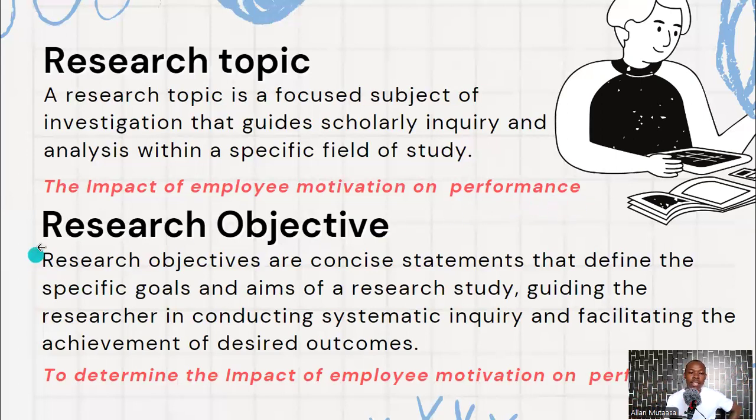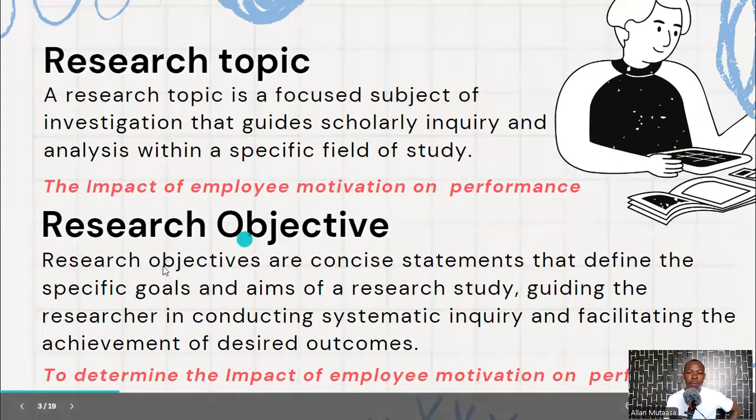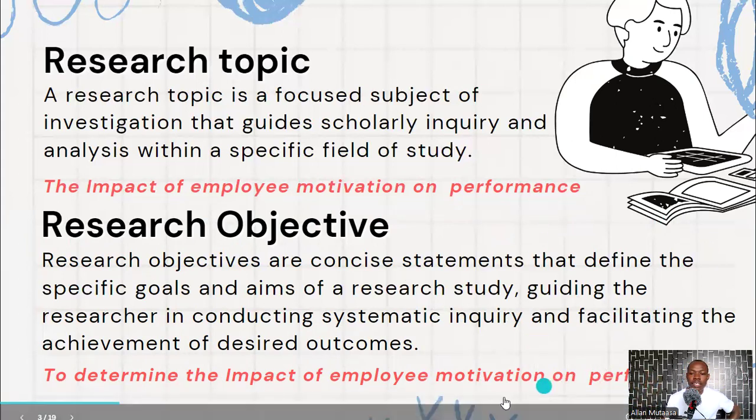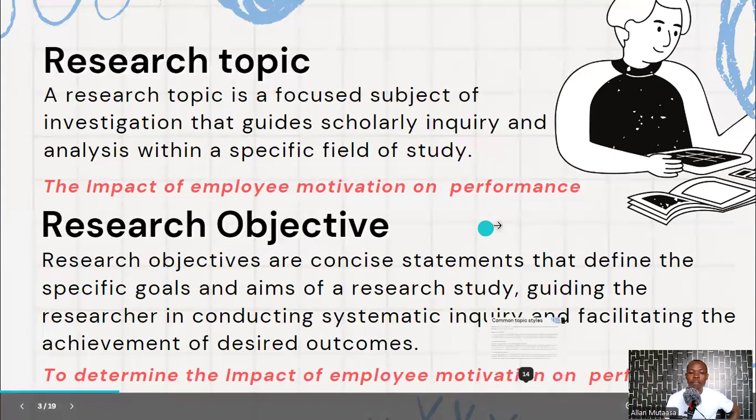As you can see, the topic is the impact of employee motivation on performance, then our broad objective is going to be to determine the impact of employee motivation on performance. So we have derived this objective from this topic.